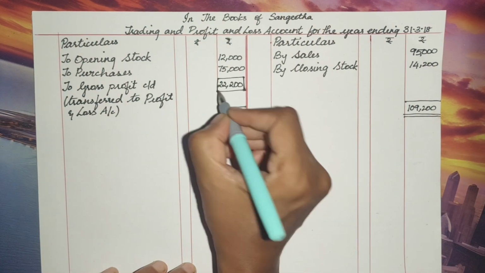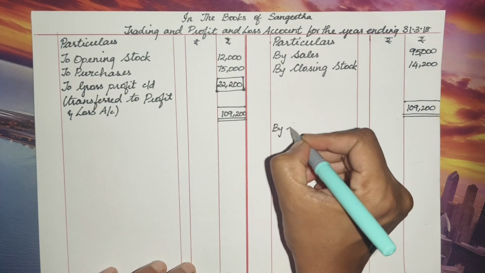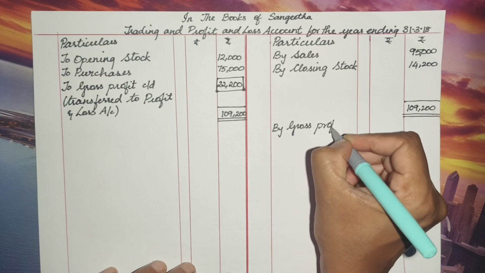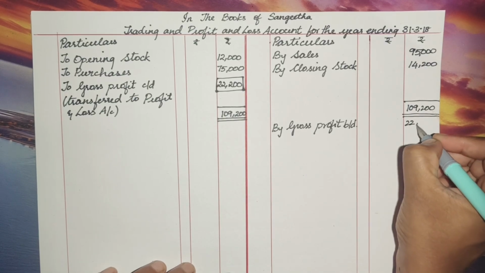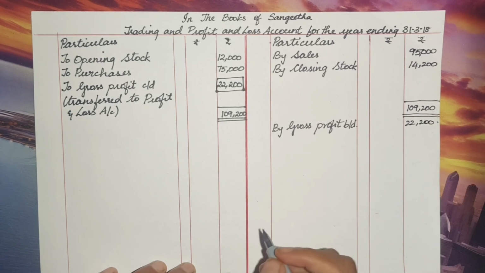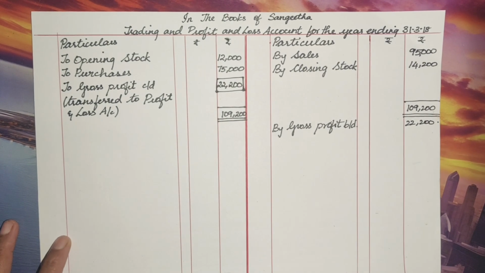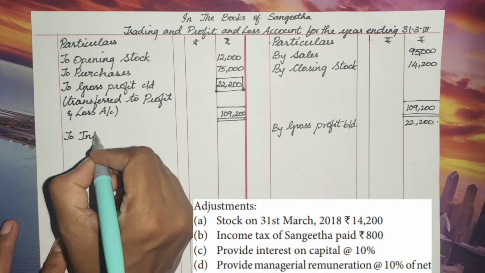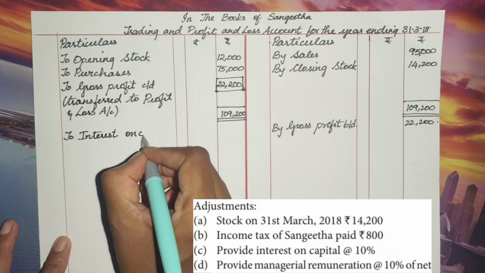Now with this, is it over? No. We have carried it down, so we have to bring it down to the opposite side, which is by gross profit brought down. Copy down the same number which you've written, which is 22,200. Now by bringing down the gross profit, we have started the profit and loss account with an adjustment. The first adjustment that we are starting is interest on capital.